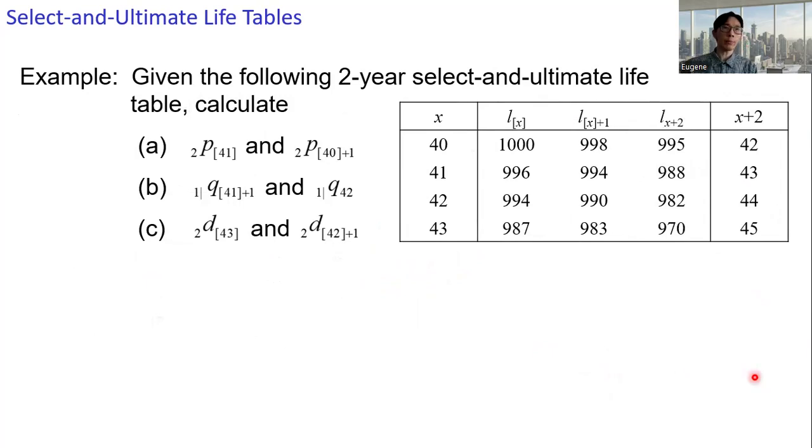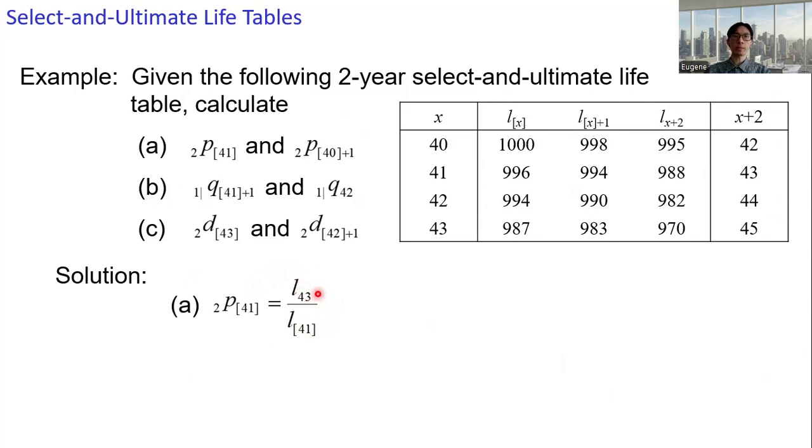All right, another example. Given the following 2-year select and ultimate life table, calculate these 3 pairs of quantities. Part A, 2p_[41]. The select age is 41. This equals l_43 over l_[41].